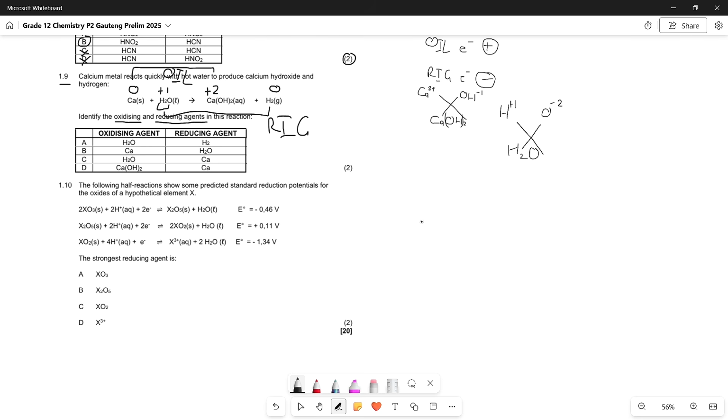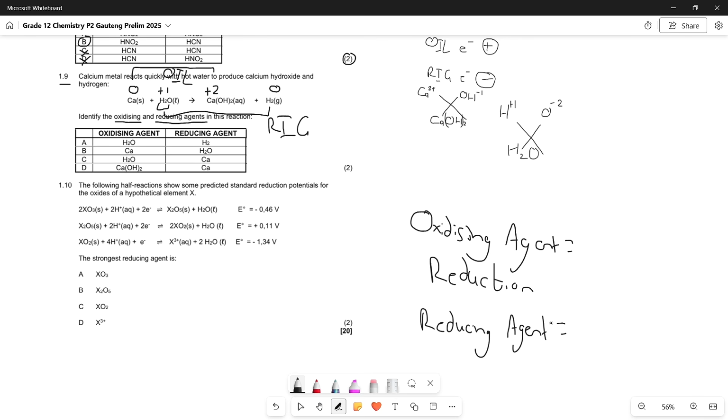But then the oxidizing agent, meaning the thing on the left, one of our reactants, oxidizing means it is the thing that undergoes reduction. So that part is backwards, which we'll always have to note. So oxidizing agent means it is the thing that undergoes reduction, which means reducing agent is also backwards. Reducing agent is the thing that undergoes oxidation.